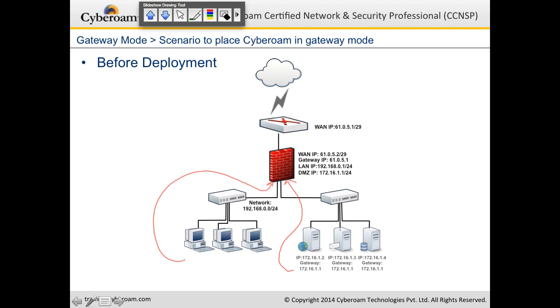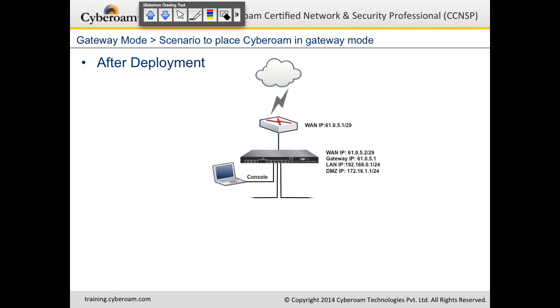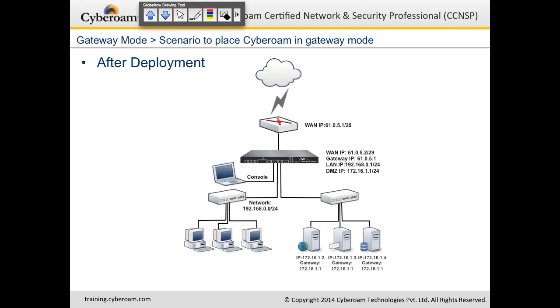So what do you do? You just go and deploy Cyberoam in gateway mode. This is how the scenario changes. You just replace the existing firewall and put the same IP schema of your existing firewall on the Cyberoam. The gateway is still the LAN IP address, and the DMZ computers are still pointing to the DMZ IP address on the Cyberoam.